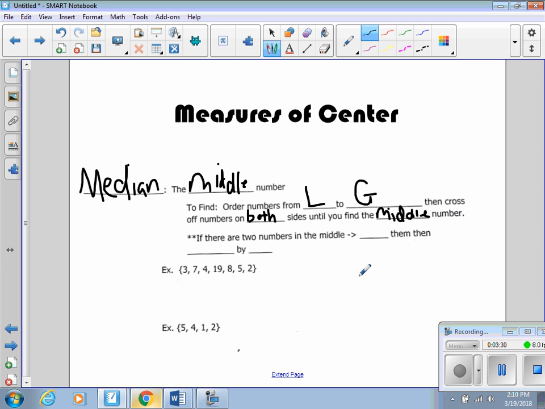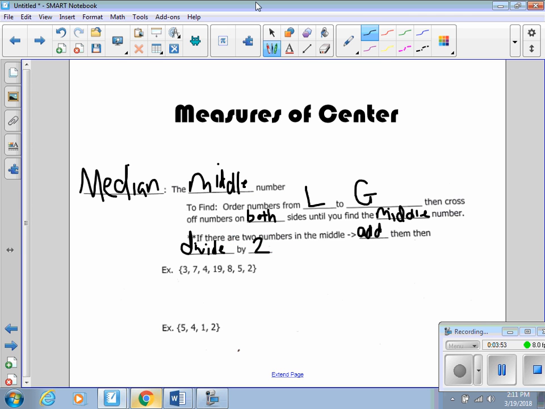Important, some of you guys don't remember this, if there are 2 numbers in the middle, then you have to add those 2 numbers, and then you divide them by 2. So it's like finding the average or the mean of just those 2 numbers in there.